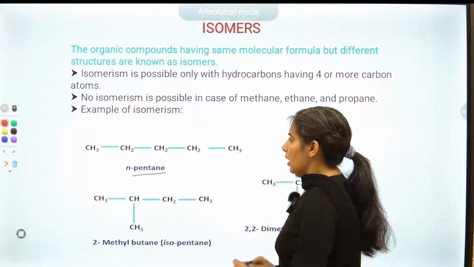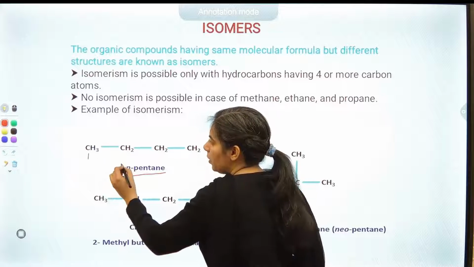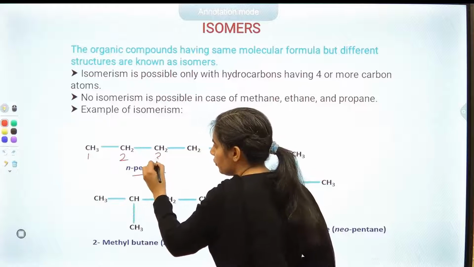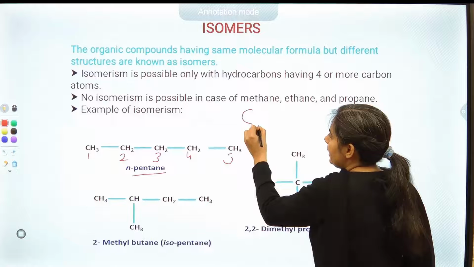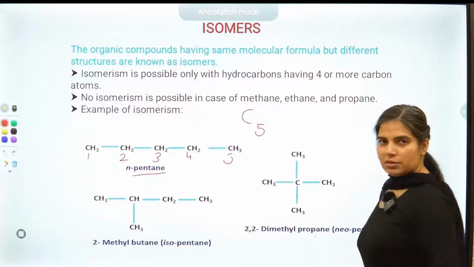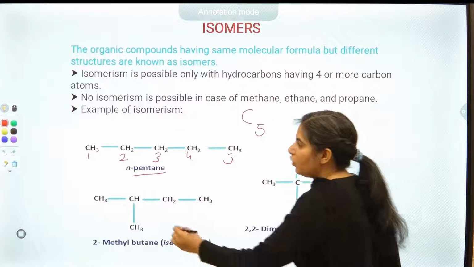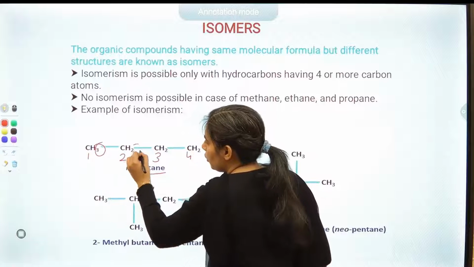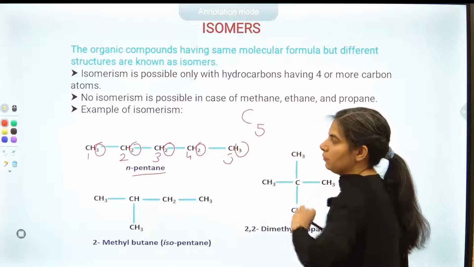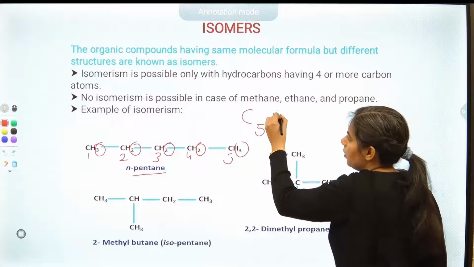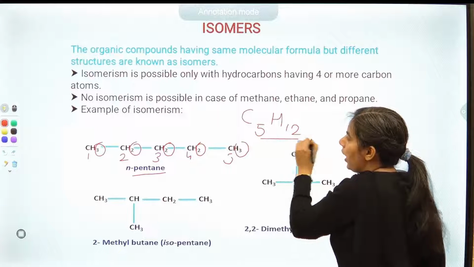Firstly, here this is carbon number 1, 2, 3, 4, 5. Pentane has 5 carbons. And if I talk about hydrogen, 3, 2, 2, 2, 3, we are having 12 hydrogen.